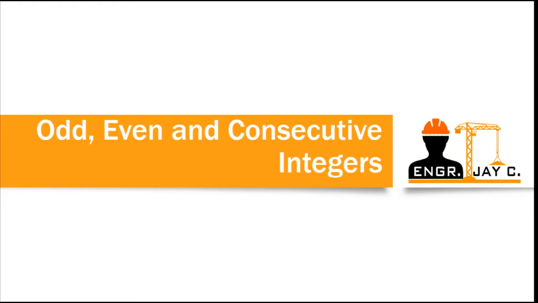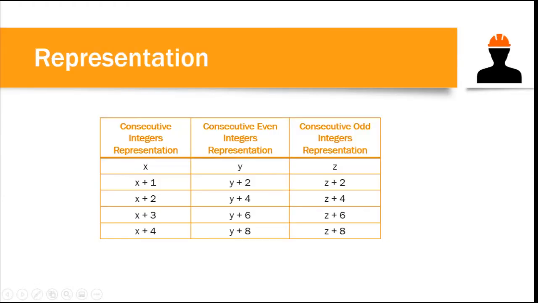Okay? But in odd, even, and consecutive integers, we have this consideration that we can follow. If you are referring to consecutive integers, that means if two or more numbers are consecutive integers, sunod-sunod, you can use this representation: x as the first number, x plus 1 as the second number, x plus 2 is the third, and so on.